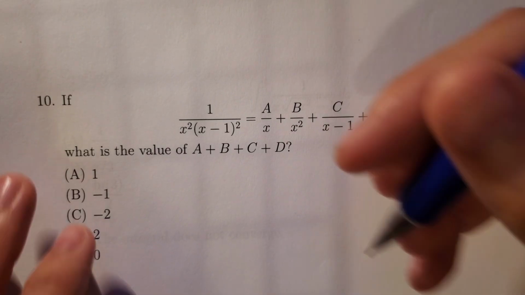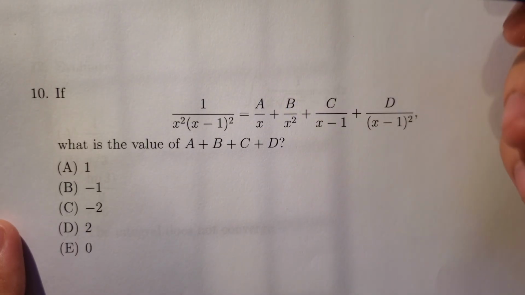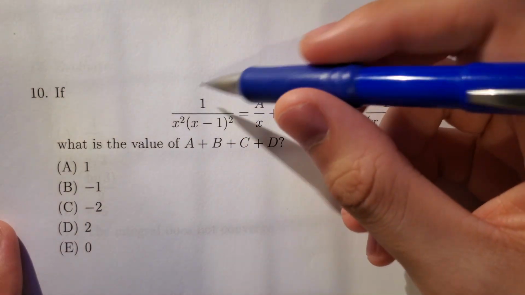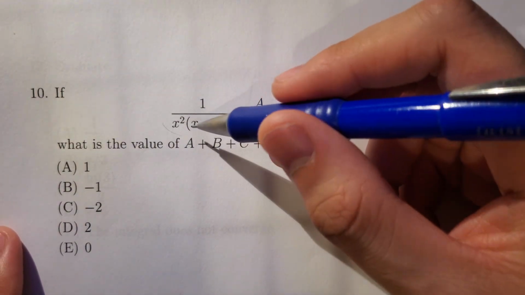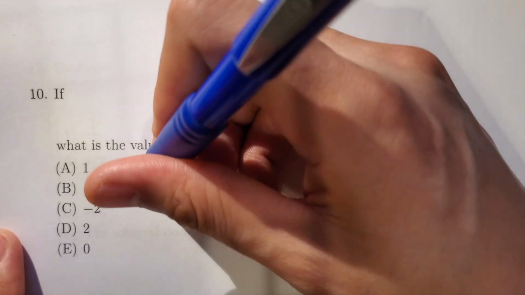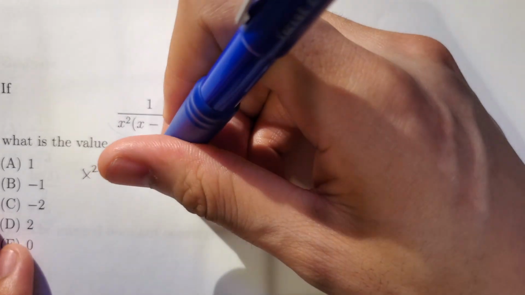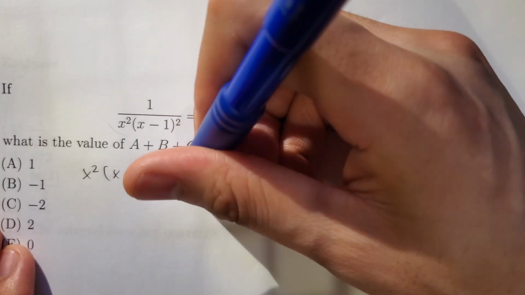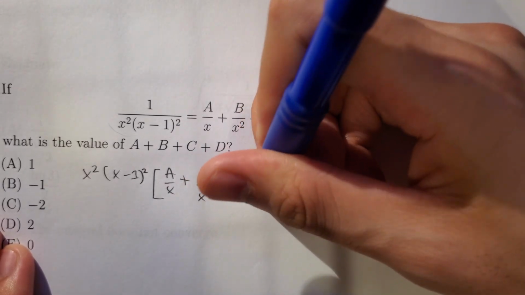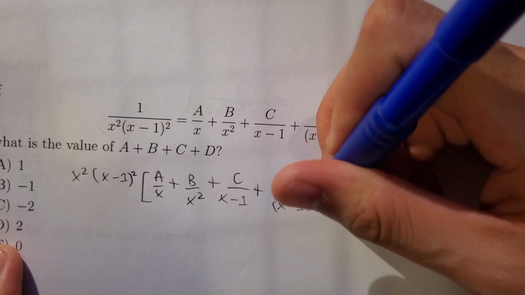So what I'm going to do is multiply both sides of this equation by the denominator of the original equation. So the denominator being, in this case, x squared times (x minus 1) squared. So when you multiply that out, you end up with x squared times (x minus 1) squared times a over x plus b over x squared plus c over x minus 1 plus d over (x minus 1) squared.